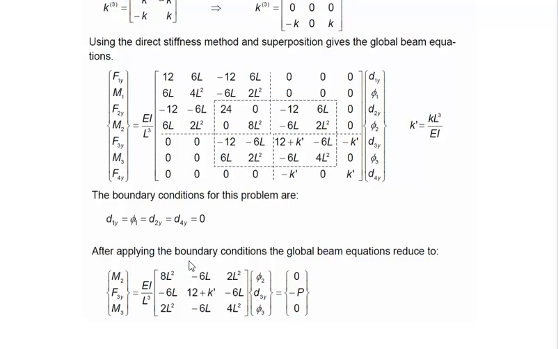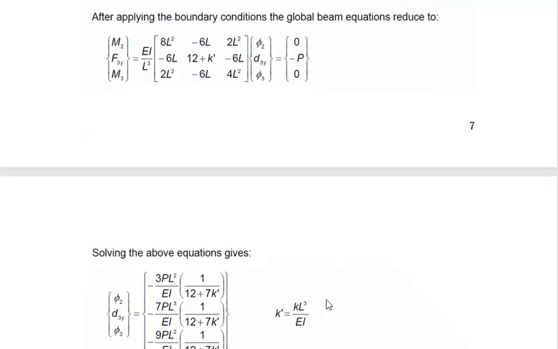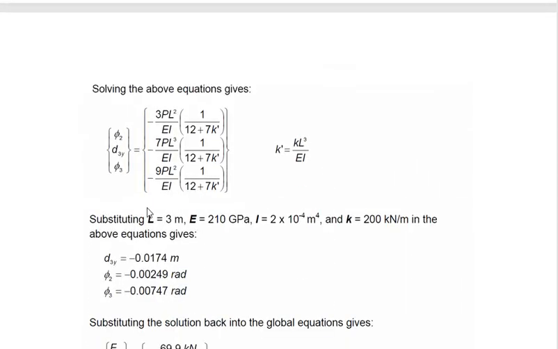After applying the boundary conditions, the global beam equations are reduced to this, right? Then we take it on the other side, calculate the inverse, and we can calculate phi 2, D3y and phi 3. If we do all this manipulation, we get phi 2, D3y and phi 3 as these expressions. All right.